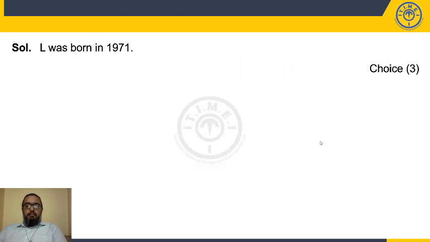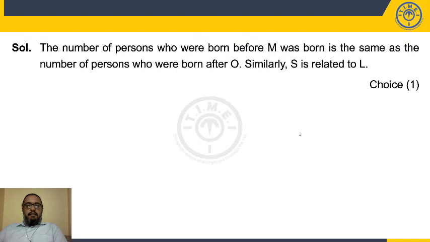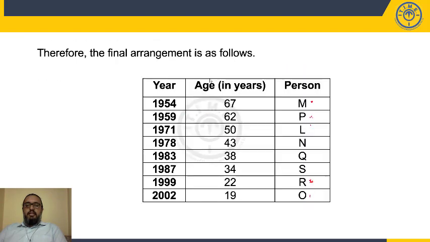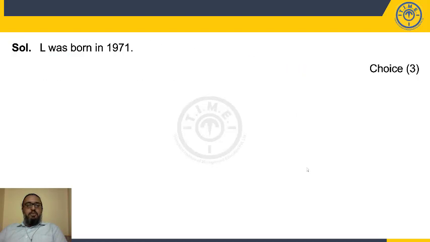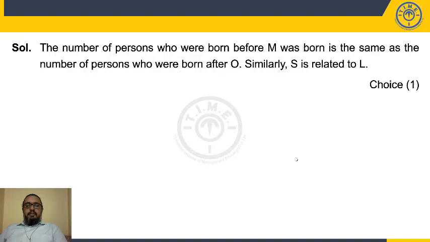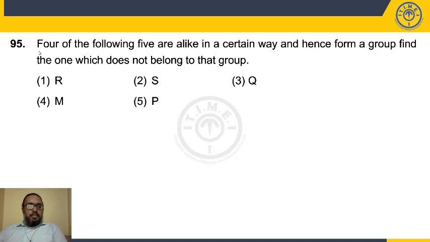Then following the same, who is related to L? Now L is third from the top, so you need to choose third from the bottom, that is S. My answer should be S. First option. Understood that relation? Choice 1.